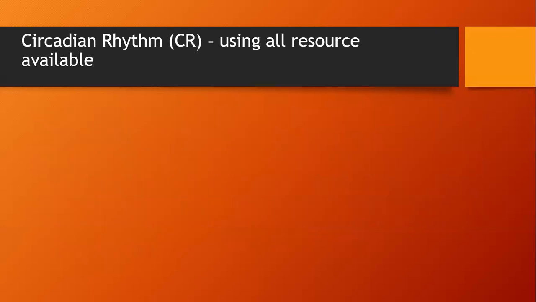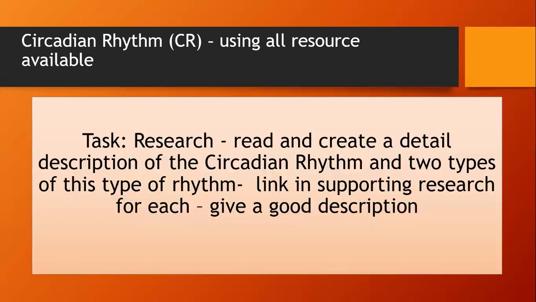Now, circadian rhythm, and this is where you're going to do a little work so that you're prepped for our next lesson next week. You're going to use all the resources. I've uploaded an additional resource onto Classroom Notebook for you to use as well to extract the information. So I would like you to read and create a detailed description of what circadian rhythms are and 2 types of this rhythm.